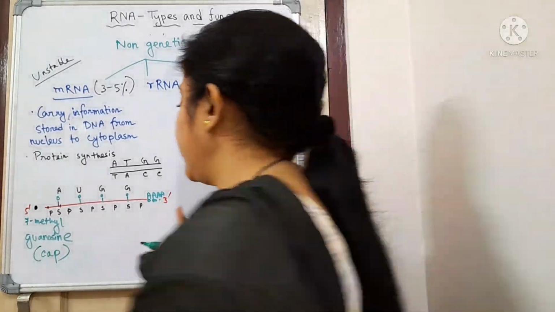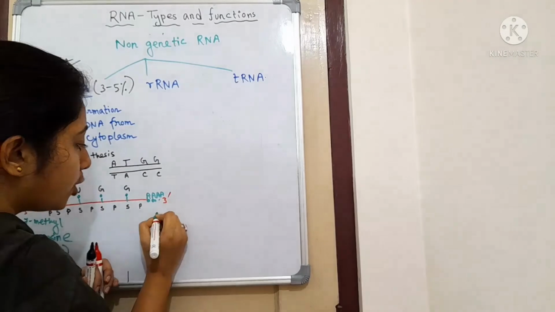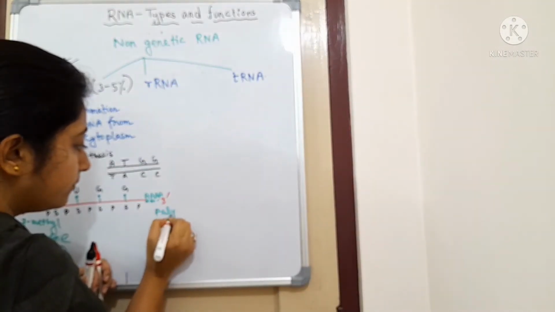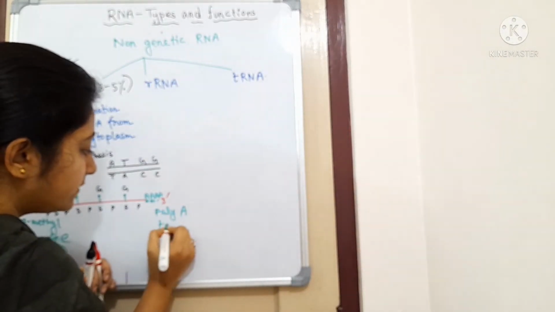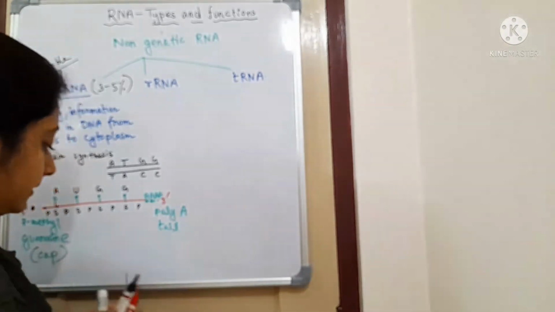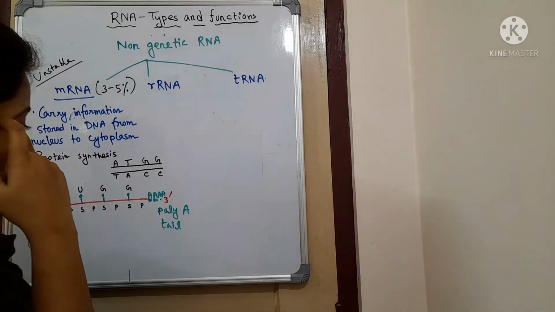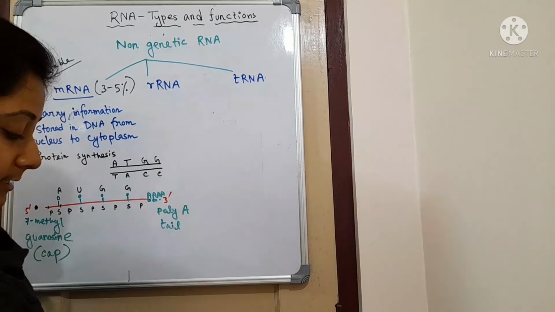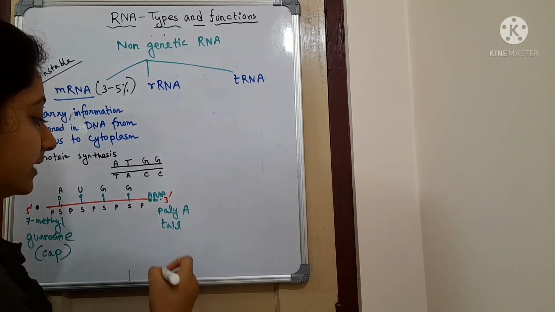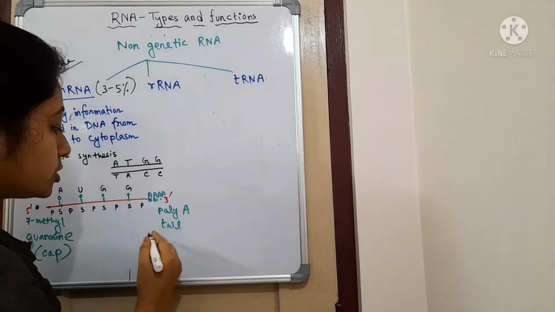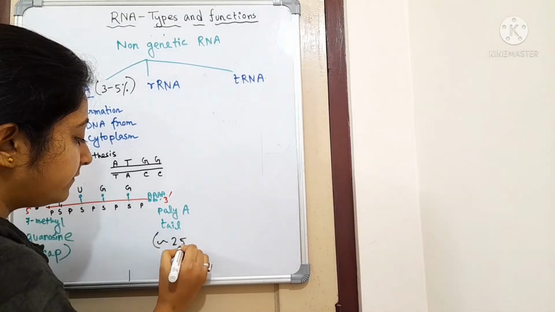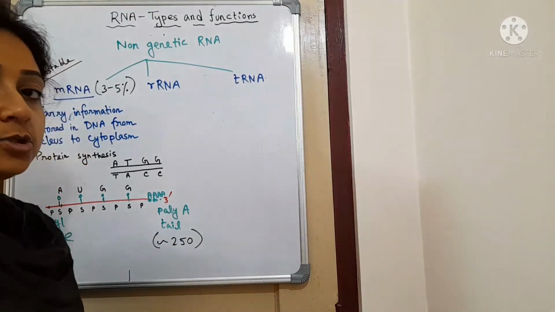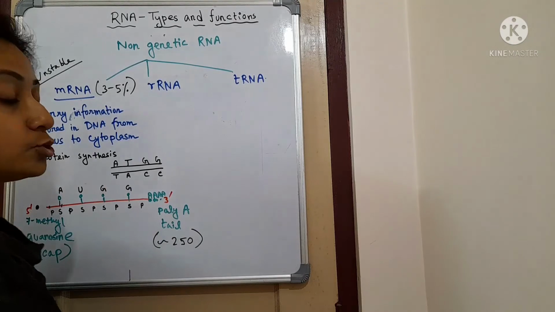That is why this end is often considered the poly A tail, and polyadenylation happens at this 3' end. How many adenine residues can be added here? Almost 200 to 250 molecules of adenine can get attached to the 3' end.